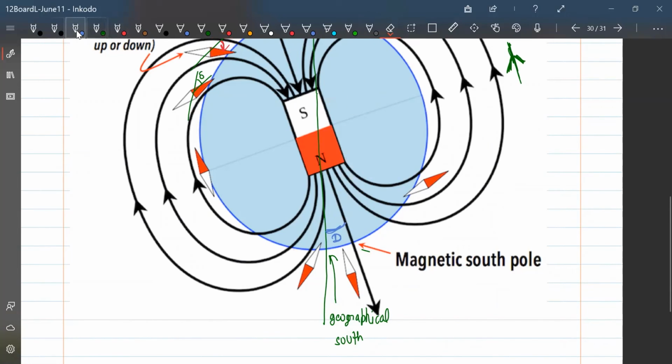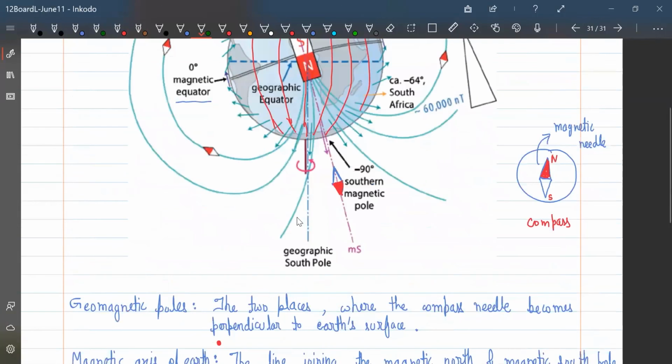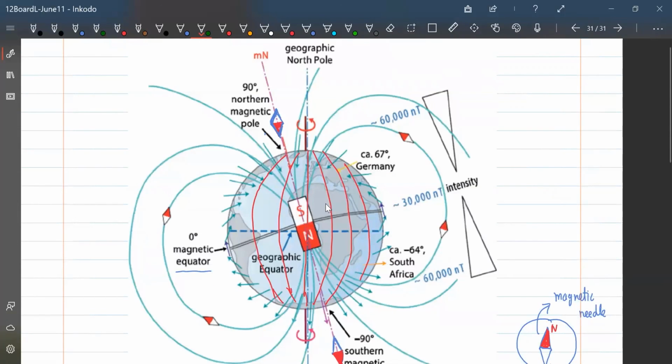So the angle of declination is the angle between the geographic meridian and the magnetic meridian. Suppose at this point, this is the geographical meridian and the direction of the magnetic field is along this line. So this becomes angle theta or angle D.